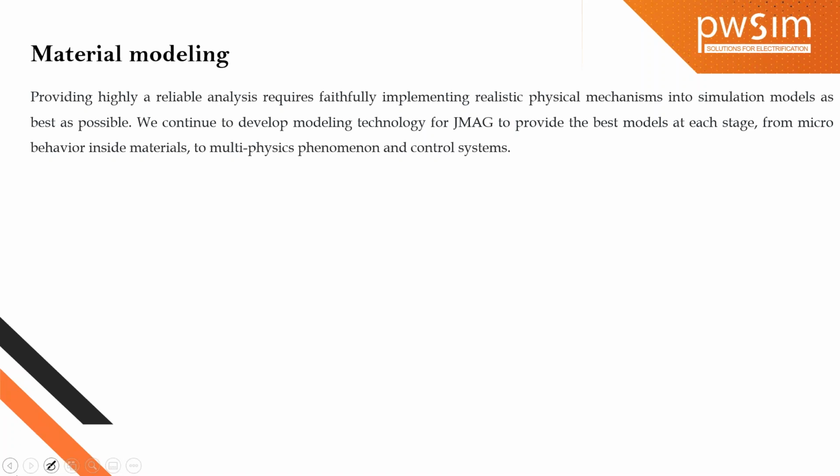So material modeling is very important, as JMAG is developing by incorporating material data into the JMAG material database. JSOL will continue to develop modeling technology for JMAG to provide the best model at each stage, from micro behavior inside material to multi-physics phenomena and control systems.